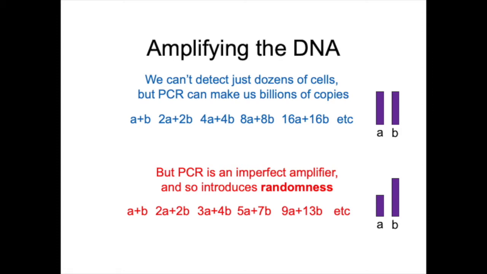You have 5 A's and 7 B's. And you continue when it's all done. The amount of the allele that you observe, how much DNA, is related to what you started with, but has a lot of random variation. And that random variation stops most DNA analysis by human review and the older methods that were in use 20 years ago.